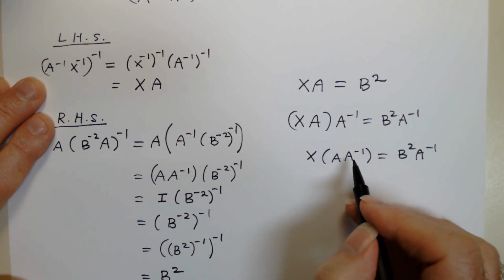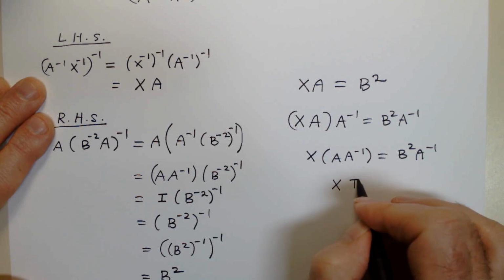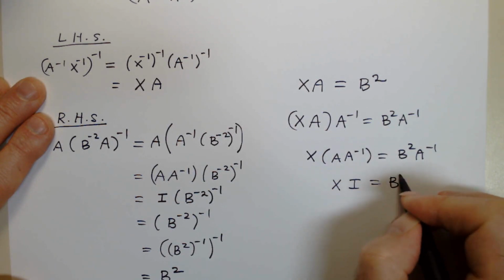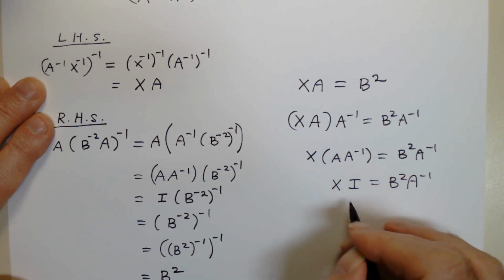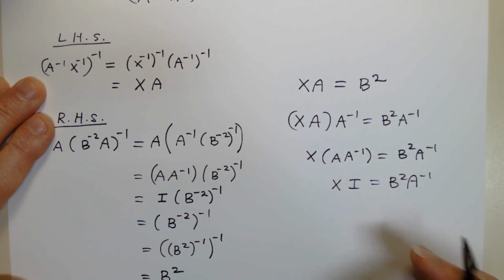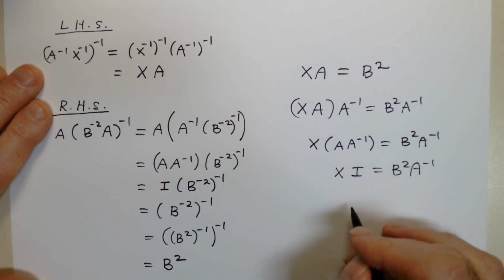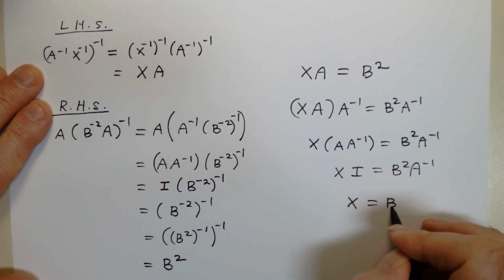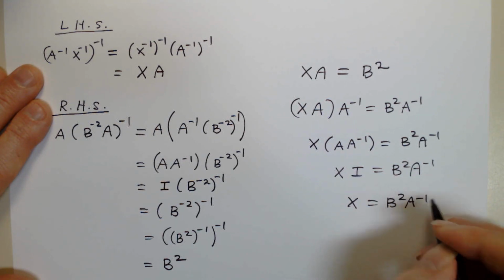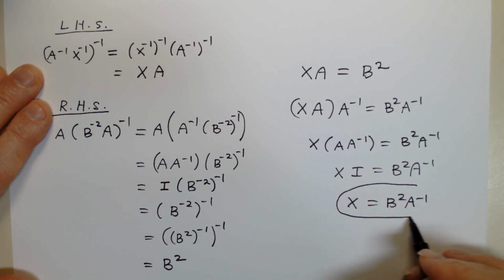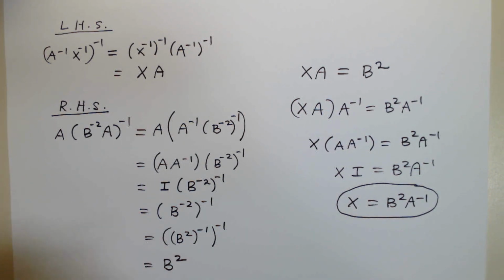Finally, this is the identity matrix. And then X times the identity matrix is just X. And that's our final solution.